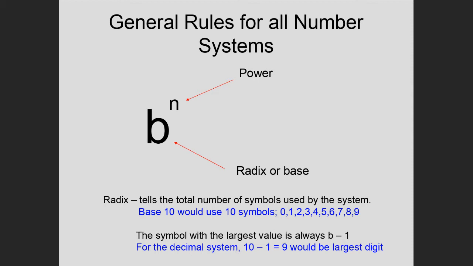You can make up any old number system, and the same rules apply. The base tells you the number of symbols in any number system, and the base minus 1 will give you the value of the highest symbol in that number system. And then if you take the base to the power of the position, b to the 0, b to the first, b to the second, for any old number system, it'll tell you the place value in that particular number system. So keep this in mind.